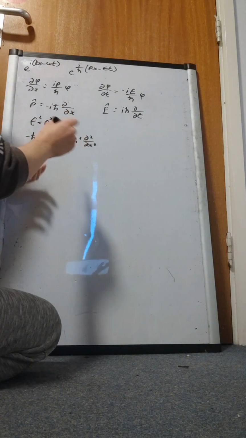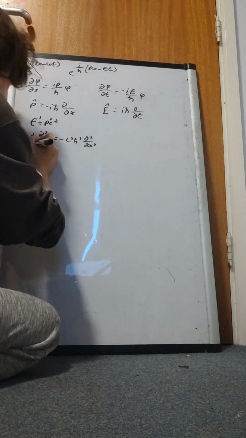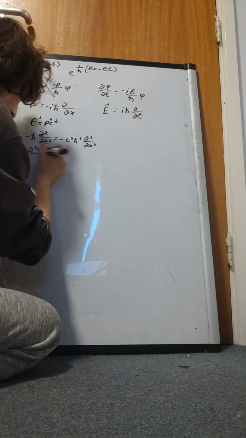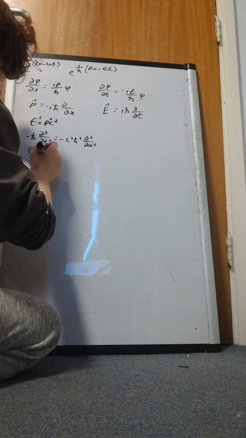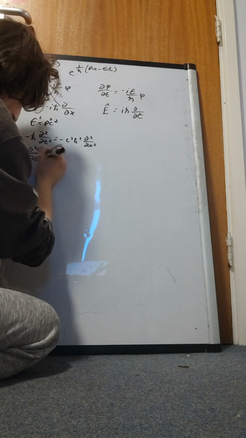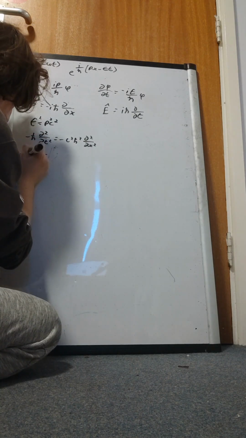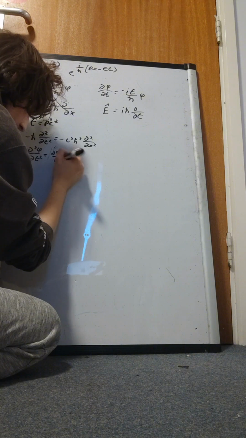Then we can divide through by minus c squared h bar squared, and we can operate it upon a wave function phi. And then we have d squared phi dt squared times 1 over c squared is equal to d squared phi over dx squared.